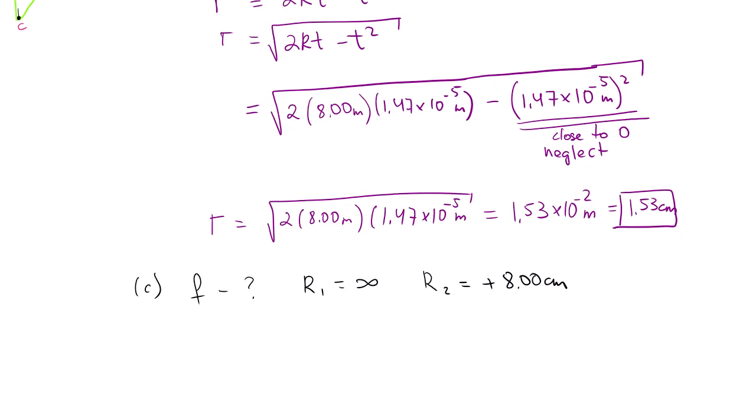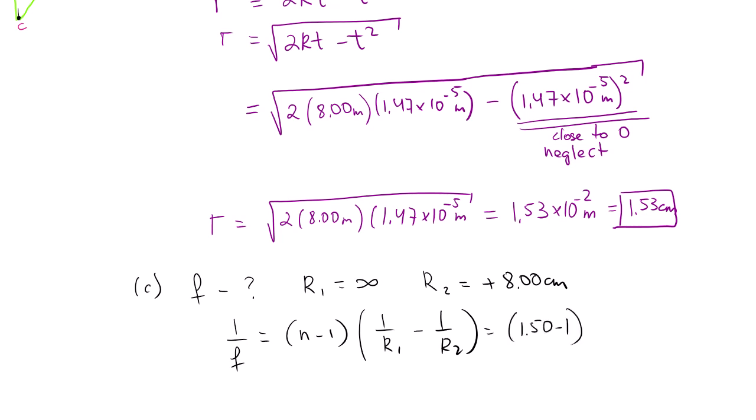Then I can use the lensmaker's equation, 1 over f equals (n minus 1) times (1 over R1 minus 1 over R2). That equals (1.50 minus 1) times (1 over infinity minus 1 over 8).